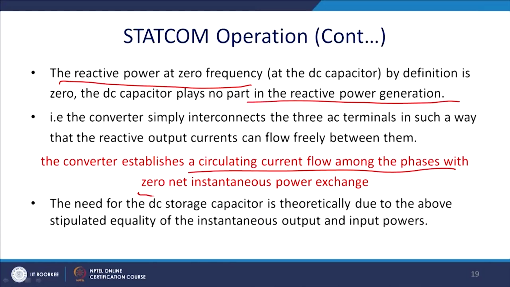In such a way, the voltage and current have to be made at a 90-degree phase shift in each individual phase, and thus it produces reactive power. This is the beauty of it. The converter establishes a circulating current among these phases with 0 net instantaneous power exchange.